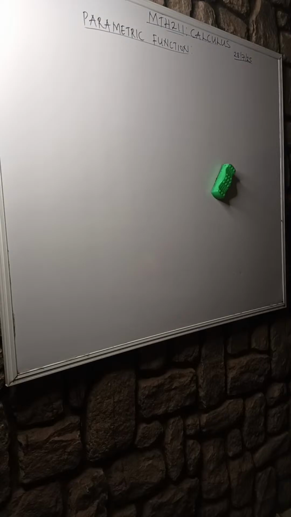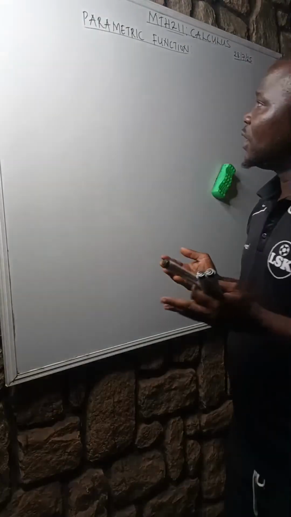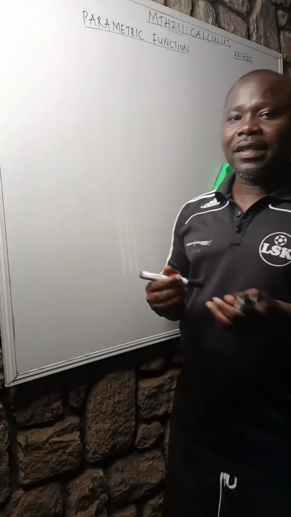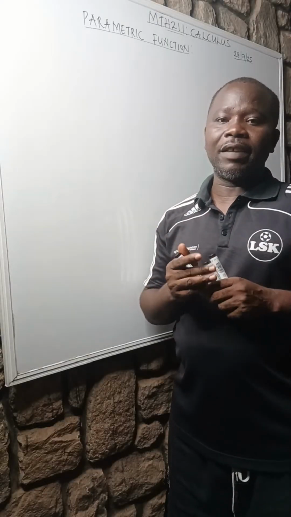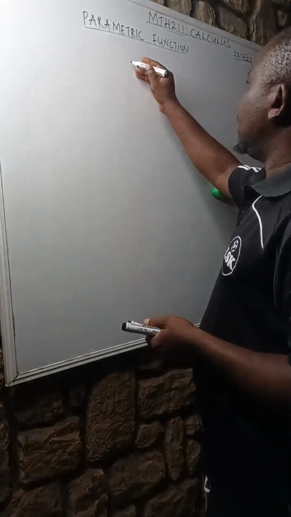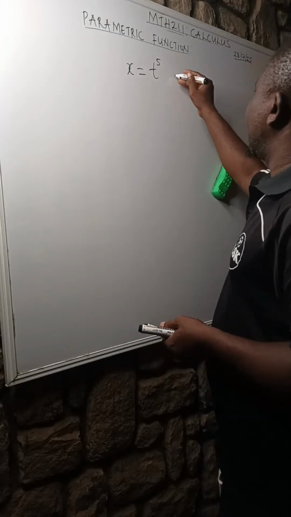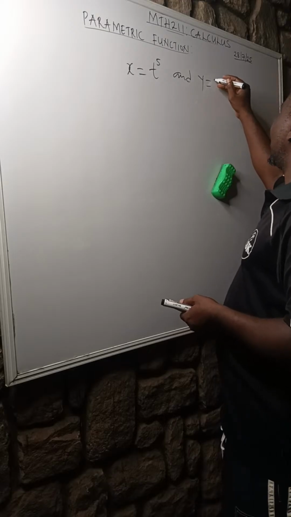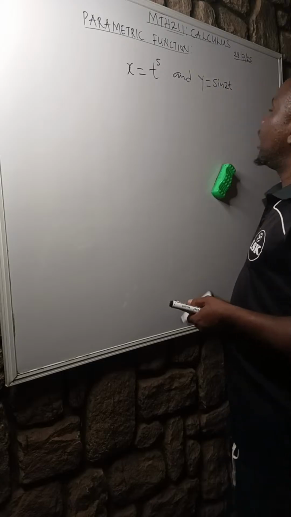When we say parametric functions, they are functions of this form. It means there are two dependent variables. For example, x equals t raised to the power 5 and y equals sine 2t.